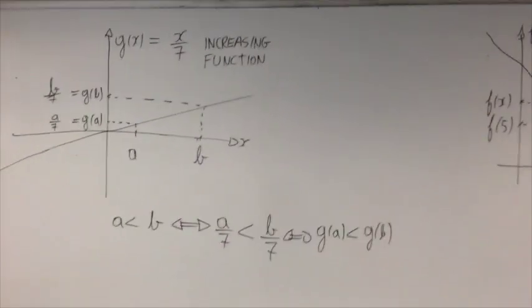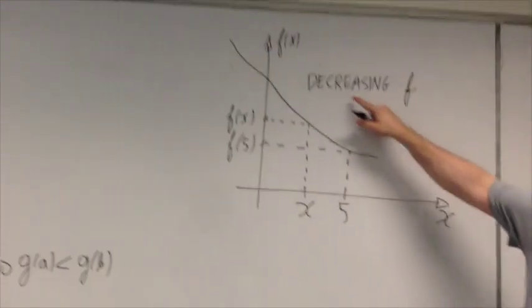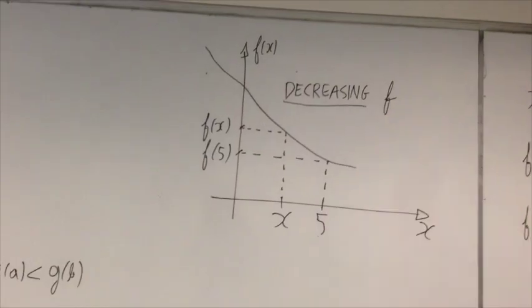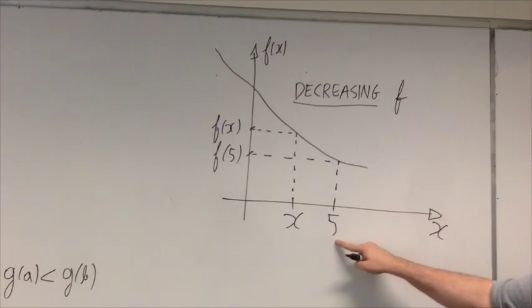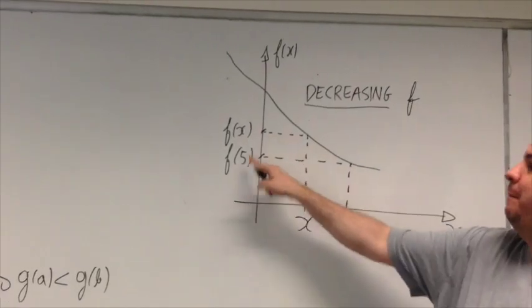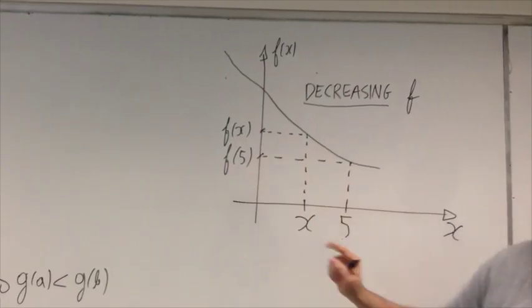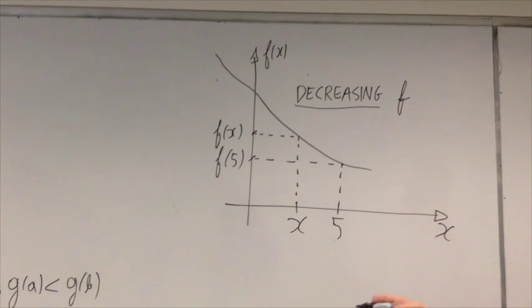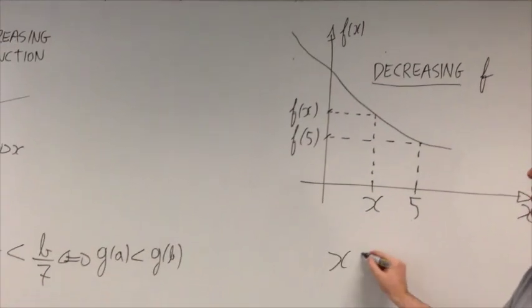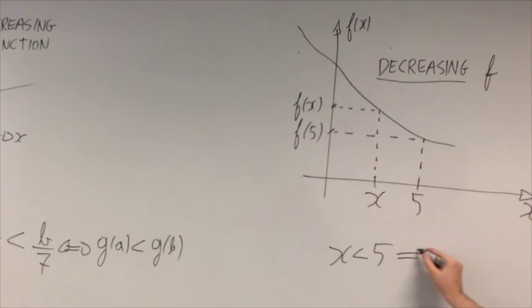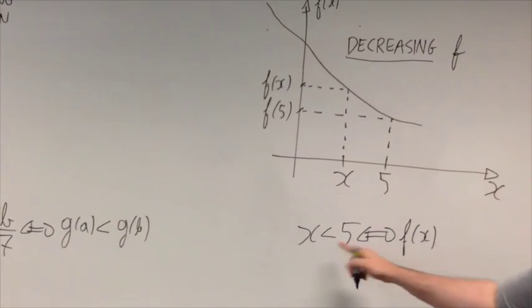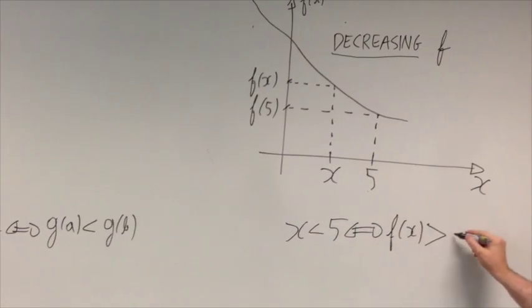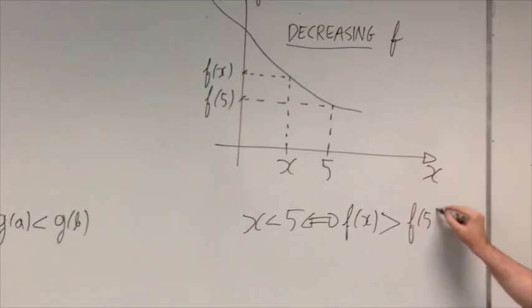Now, if we work with a function f which is decreasing, then we have to reverse things. If x is smaller than 5, f of x is going to be bigger than f of 5. Be careful, we are changing the inequalities now. x is smaller than 5 if and only if f of x is bigger than f of 5.